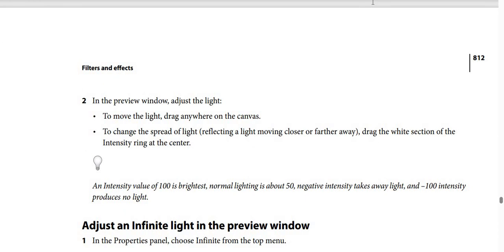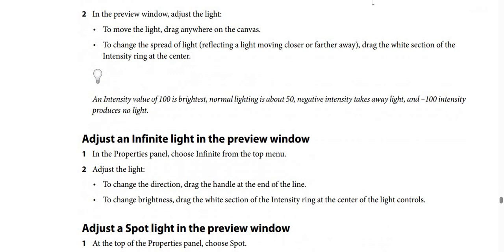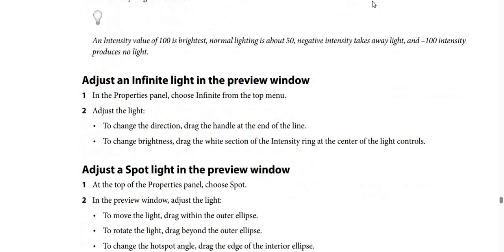To move the light, drag anywhere on the canvas, and to change the spread of light, reflecting a light moving closer or further away, drag the white section of the intensity ring at the center. And by the way, an intensity value of 100 is brightest, normal lighting is about 50, negative intensity takes away light, and -100 intensity produces no light.